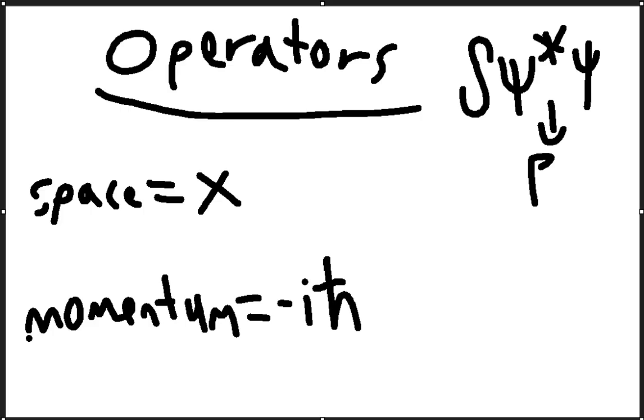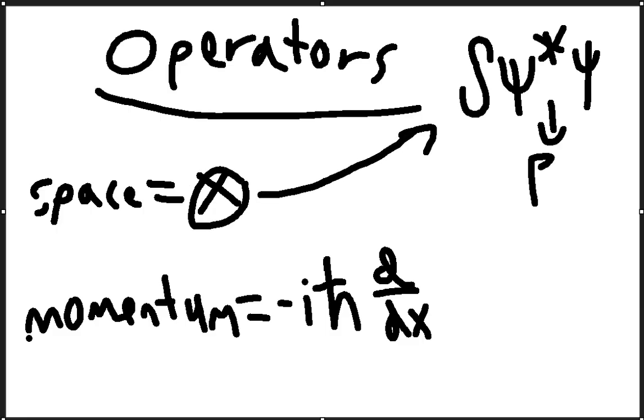Negative i times h bar times the derivative. And if you don't know why this is here, I'll show you in a minute how to use this. But basically, if we take this and plug it into our probability expression, it will return the likely value of x. It's like the most probable idea of what x could be.